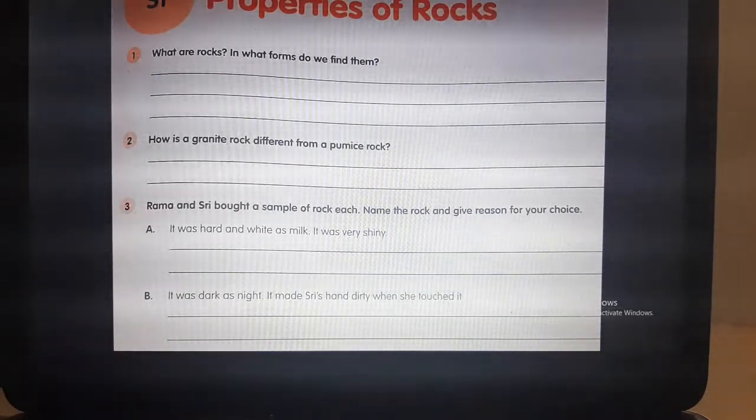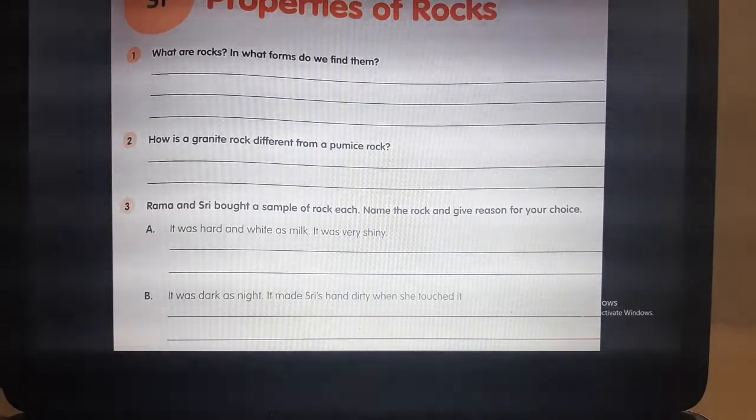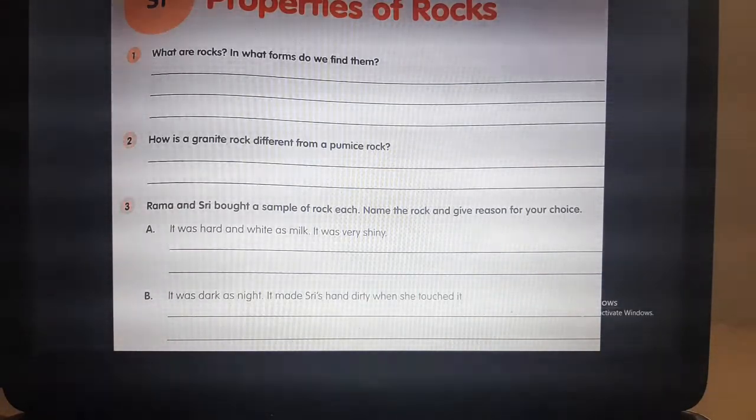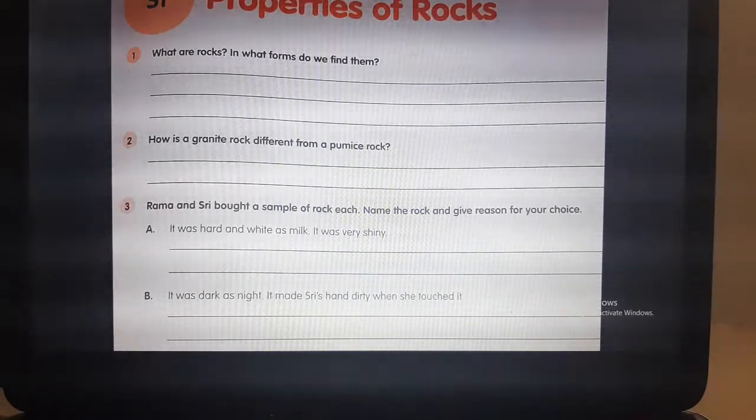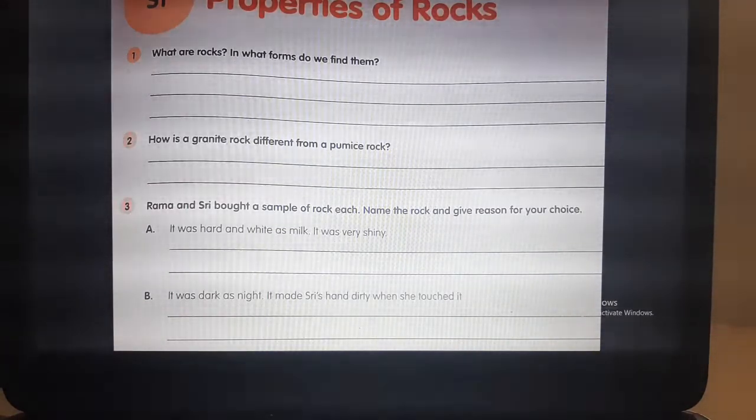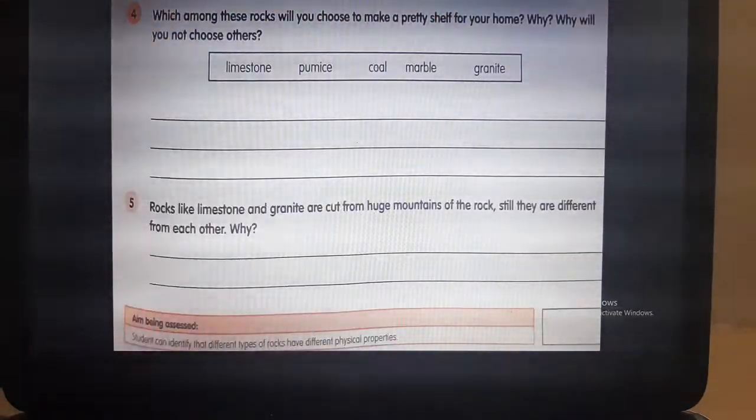That one you have to write. Second, it was dark as night. It made Shri's hand dirty when she touched it. So it is coal, because when we touch it, the hand will become blackish in color.